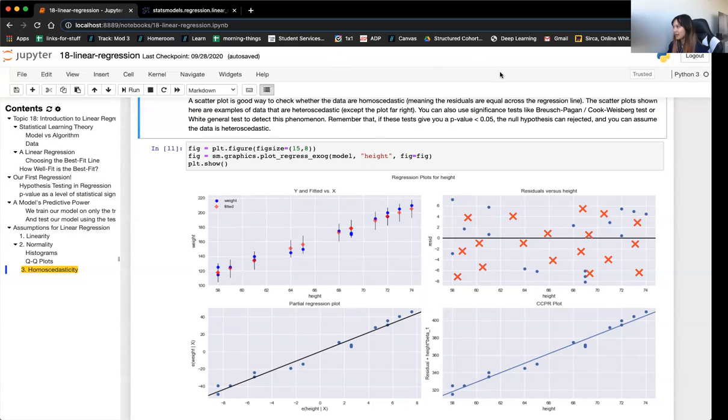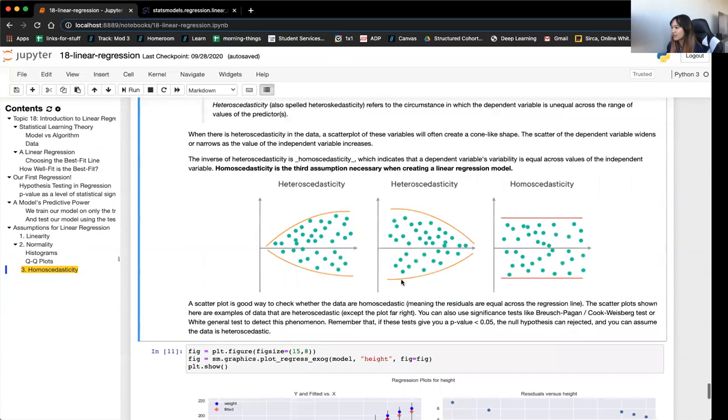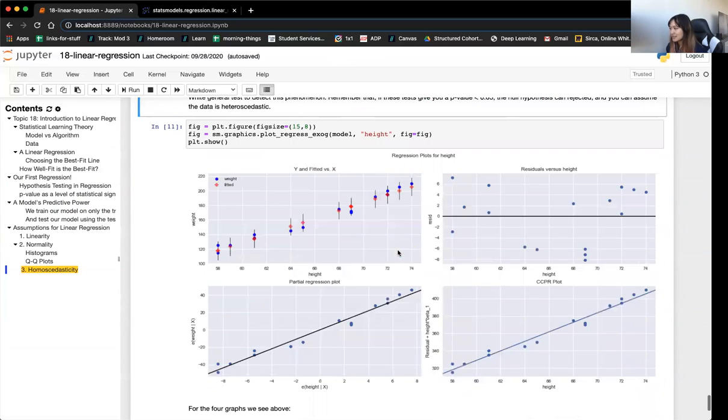Other cases of what can happen is you have heteroscedasticity, which is uneven variance. When you have heteroscedasticity, and I'll illustrate it over here, if I have residual plots that look like this, what that means is over here for the 58 through 64 region, my model is pretty good at predicting because all of the residuals, all of the errors are pretty small.